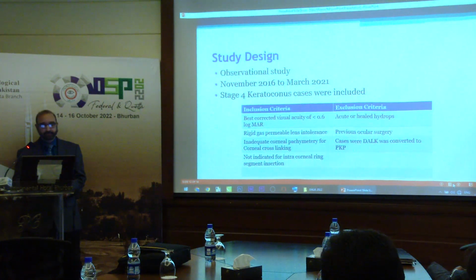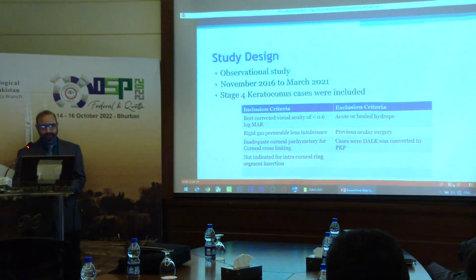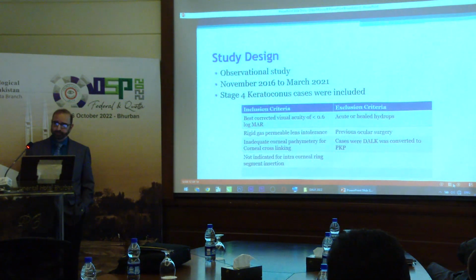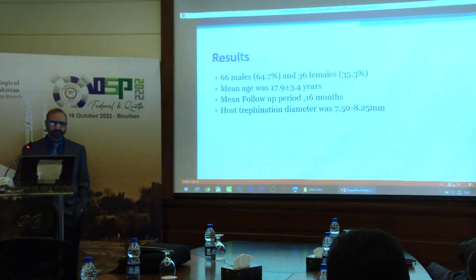Inclusion: best corrected visual acuity less than 0.6 logMAR, rigid gas permeable (RGP) intolerance, and not suitable for cross linking or ICRS. Acute hydrops, previous ocular surgeries, and unsuccessful DALK which needed to be converted were not included in the study.